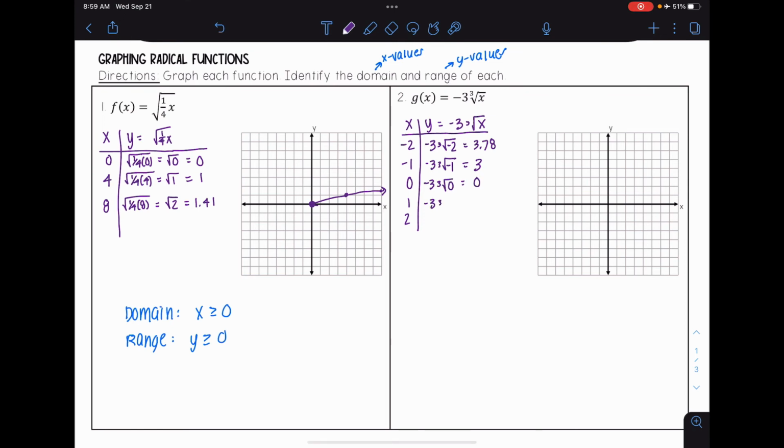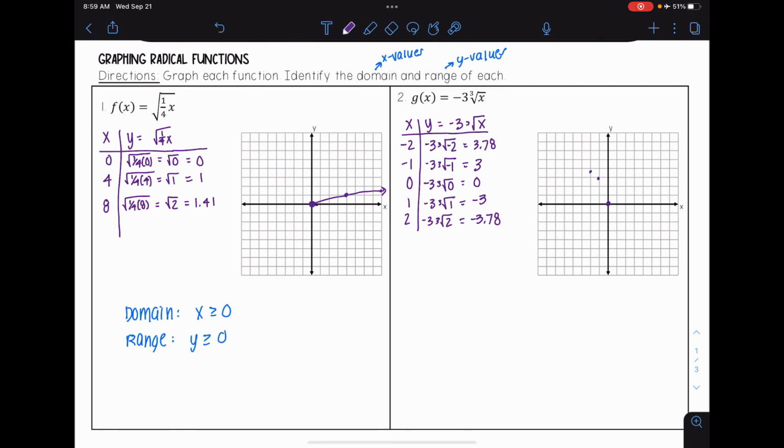And as we see when we do the positive values, you'll get the same number, but with the opposite sign. So this time when you plug in 1, you get -3. And when you plug in 2, you get -3.78. And so applying those points, at -2, we go up 3.78, so somewhere around here. At -1, we are at 3.